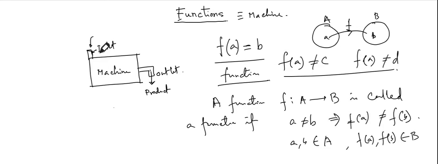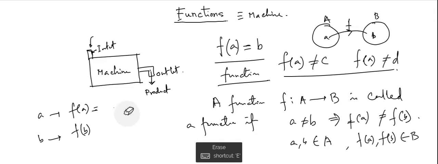That means if we give a, the product would be f(a). If we give b here, the product would be f(b). So a gives f(a) and b gives f(b) by the function f. Now if a is not equal to b, that means these two raw materials are different, and then their outcomes should be different.